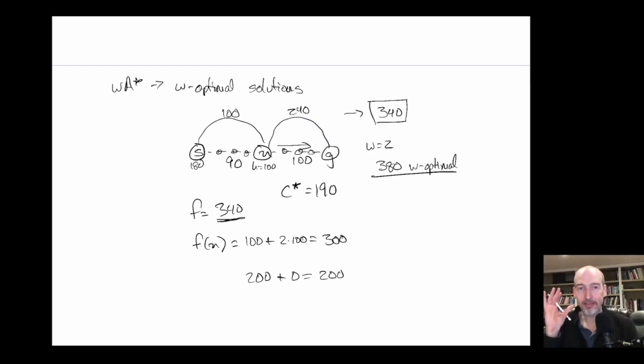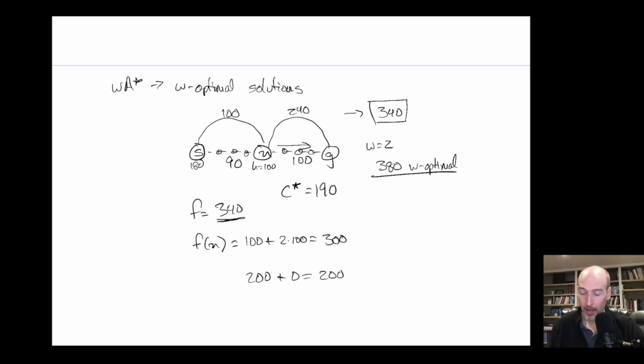So even though at the high level we have all the information from the starting heuristic value of 180 and from these two edges of cost 340, which is within 2 times the initial heuristic, if we put that in, we'd immediately be able to terminate. Weighted A star can't do that, and it is going to be forced to go this way instead of the fewer node expansions we could get by just hopping here twice.